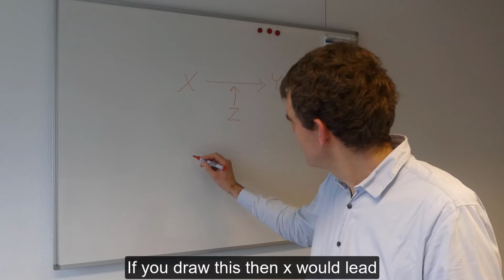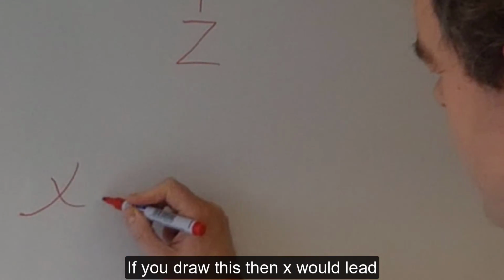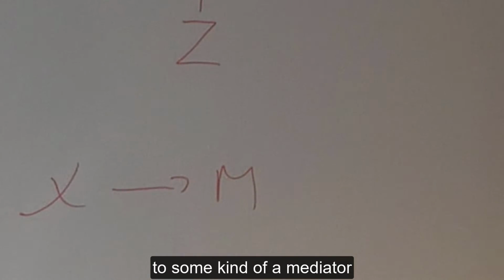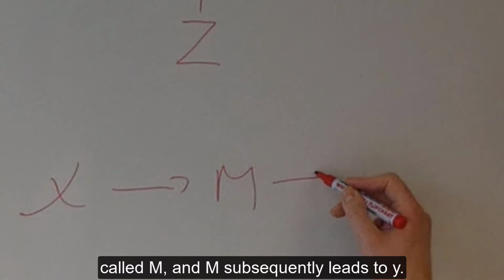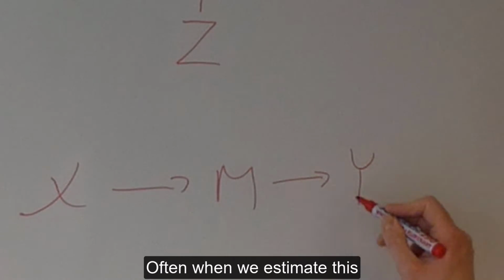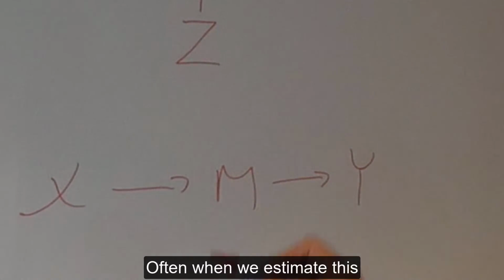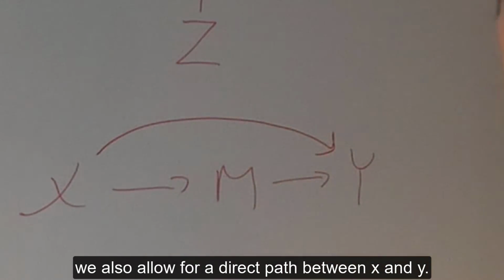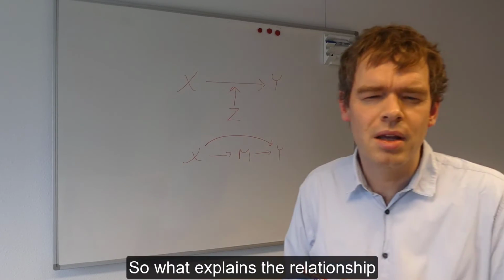If you would draw this, then x would lead to some kind of a mediator, let's call that variable m, and m subsequently leads to y. Often, when we estimate this, we also allow for a direct path between x and y.